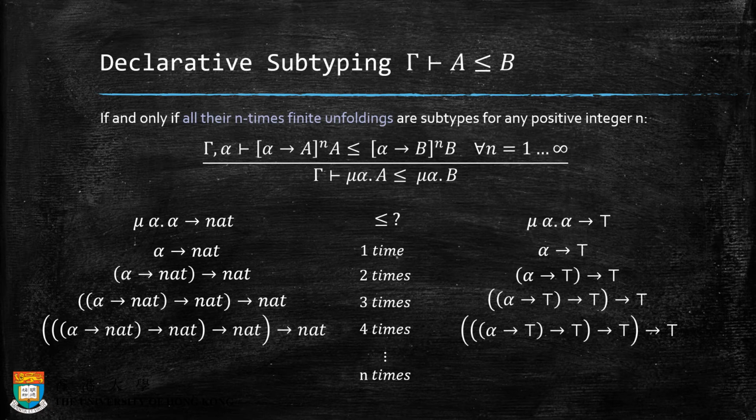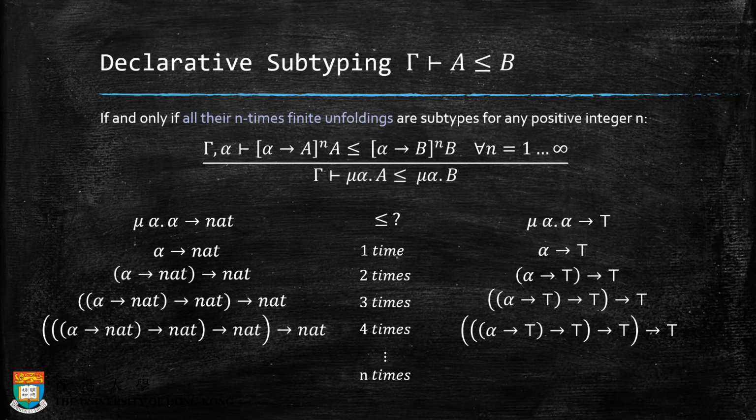However, our new declarative subtyping formulation is not algorithmic. The reason is obvious. We need to iterate over all the positive integers m and unfold our recursive types unlimitedly. We need to find an algorithmic subtyping formulation.